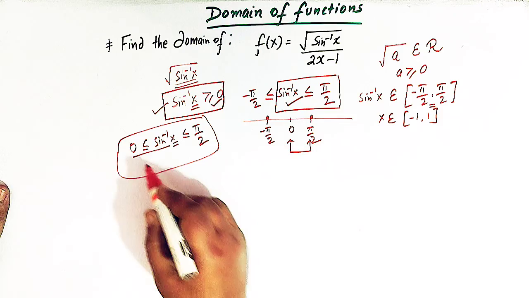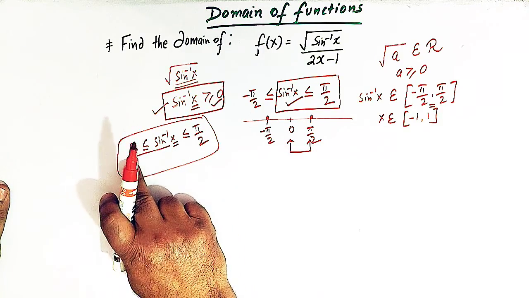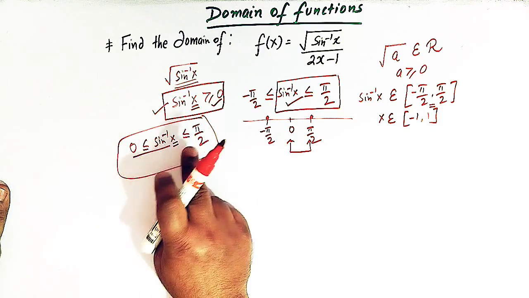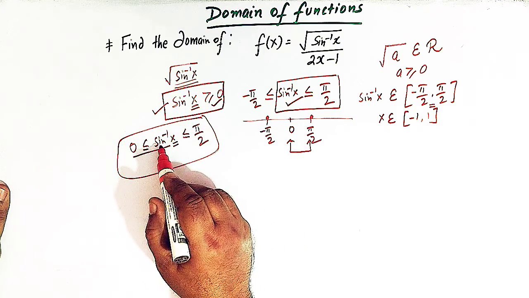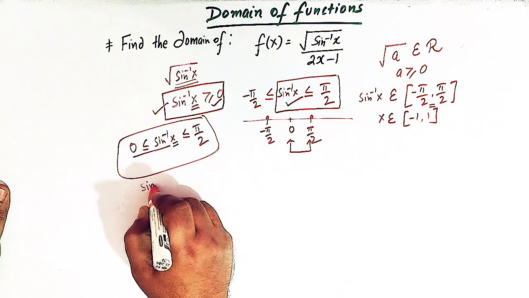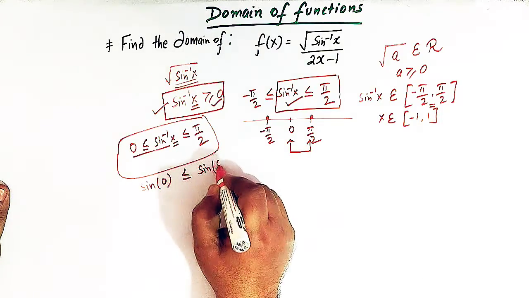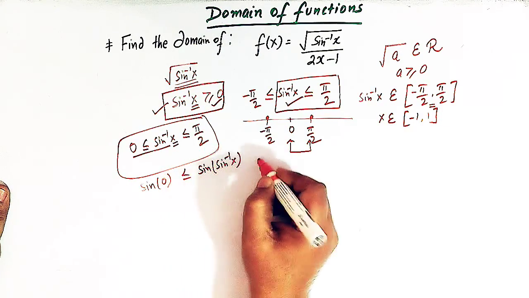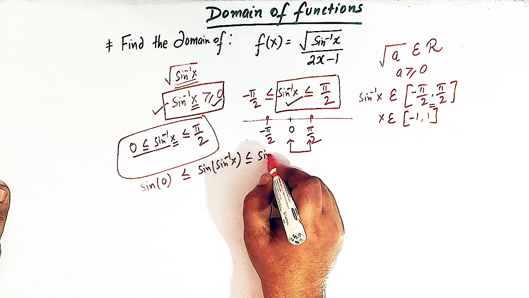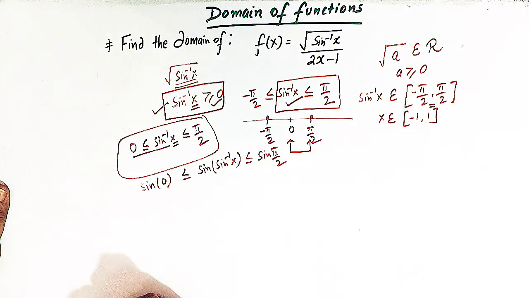So now let us take the sine function of all these three expressions, right? So we have sine of 0, then here we have sine of sine inverse x, and then here we have sine of pi by 2, right?